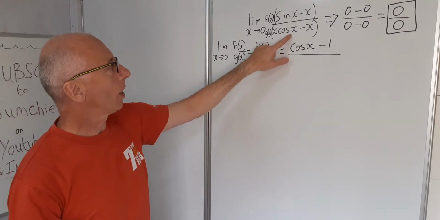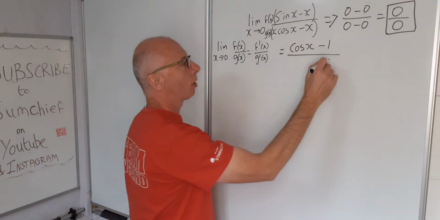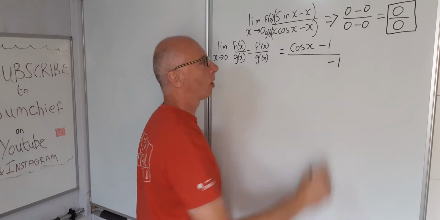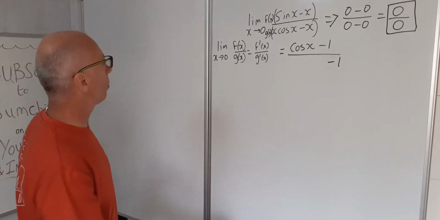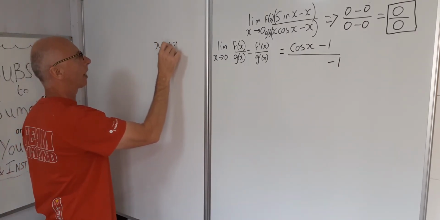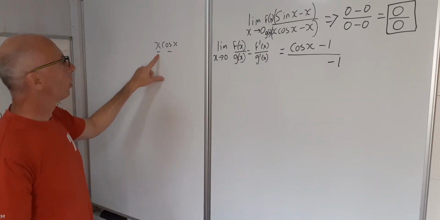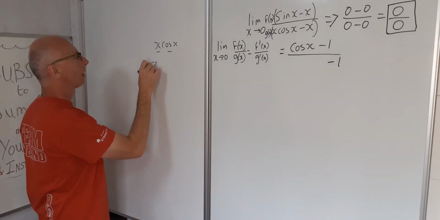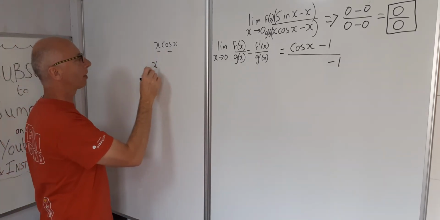Now we've got x cosine of x, which we'll need the product rule for, and also we've got minus x. Well, minus x we know is going to be minus 1. So let's find the derivative of x cosine x using the product rule. So x cosine of x, using the product rule, you leave x as it is and multiply that by the derivative of cosine x, which will be minus sine of x.